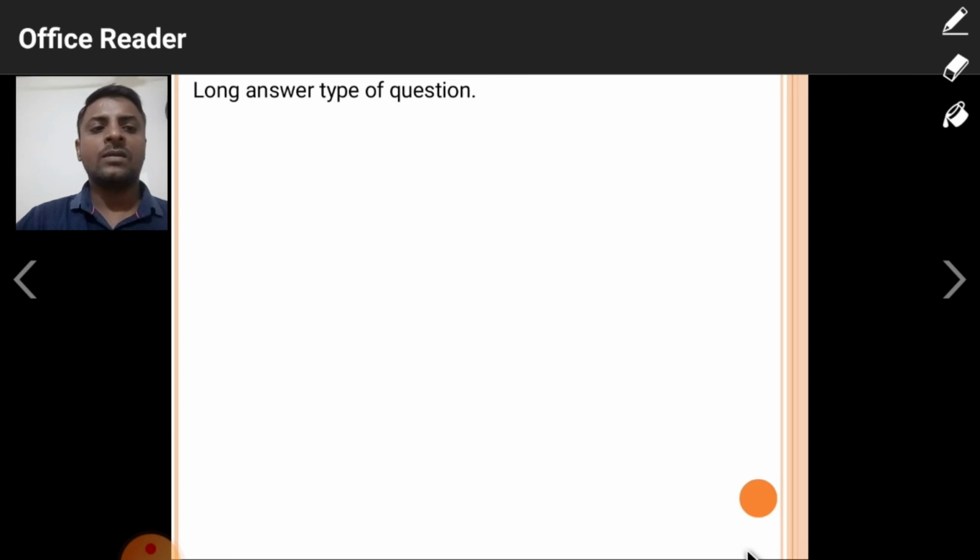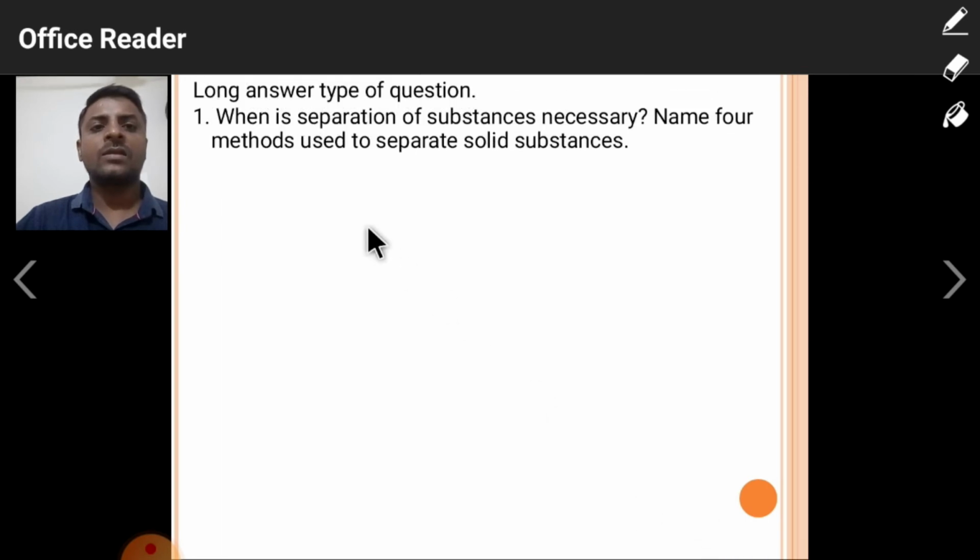Let's start. Our first question is, when is separation of substances necessary? Name 4 methods used to separate solid substances. In the chapter explanation, we have learned methods of separation: hand picking, threshing, winnowing and sieving.